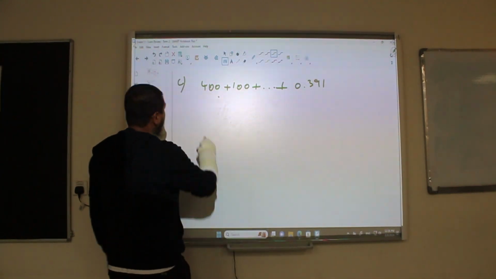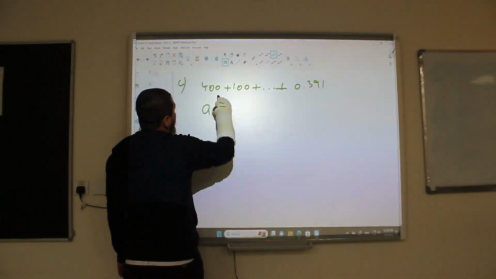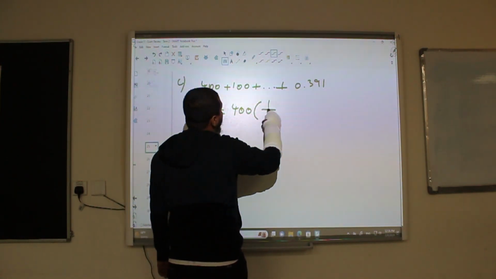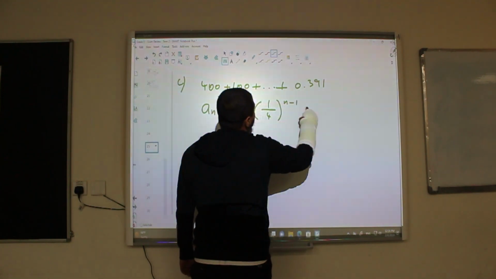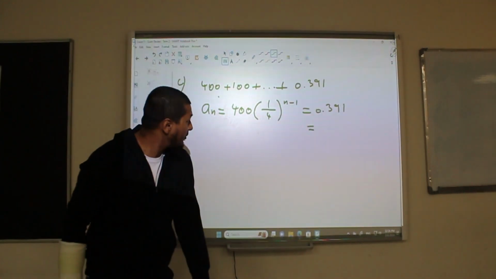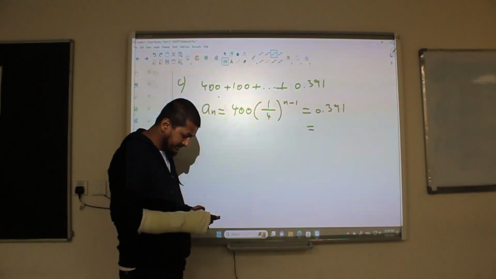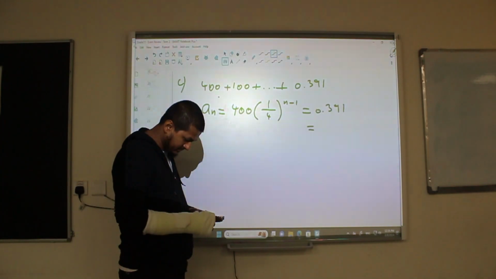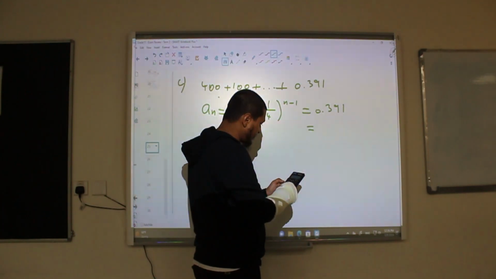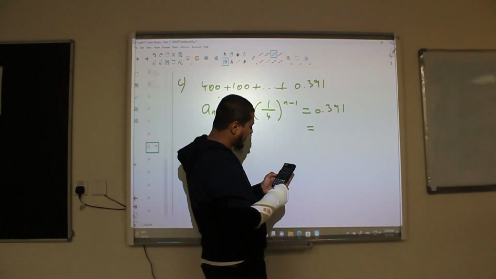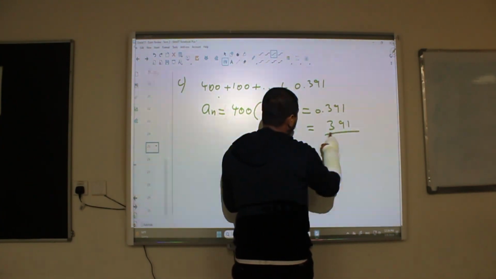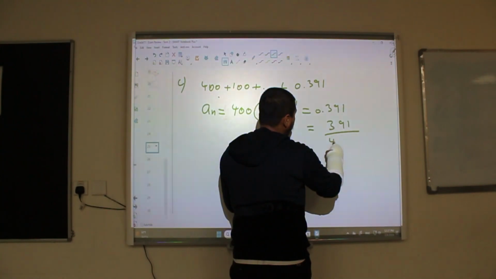Doing the same formula again, we have AN equal to A1, which is 400, times the common ratio, a quarter, to the power n minus 1 equals 0.391. So now we take 0.391 and divide it by 400. I'm getting an answer of 9.775 times 10 to the power negative 4, or 391 over 400,000.